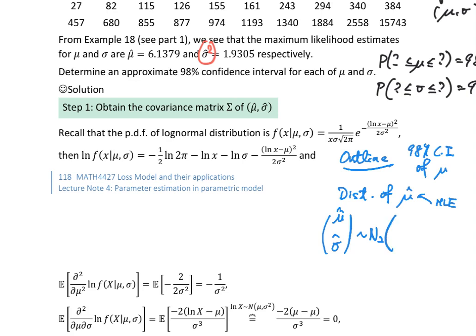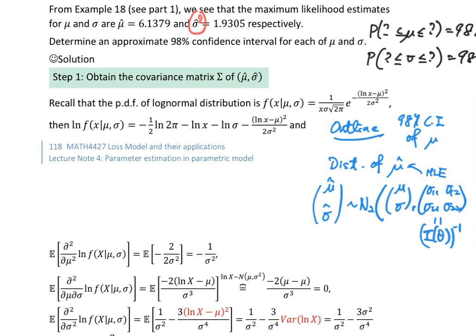With the mean equal to mu and sigma, the covariance matrix will be this, which is equal to the inverse of the matrix I theta, isn't it? Given this distribution, if we just focus on the single parameter mu, it has a normal distribution with mean mu and variance sigma 1.